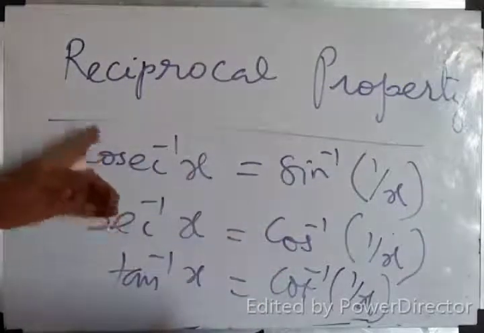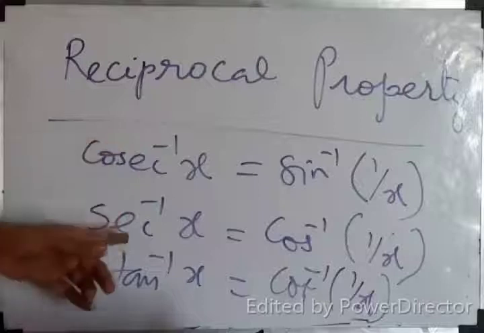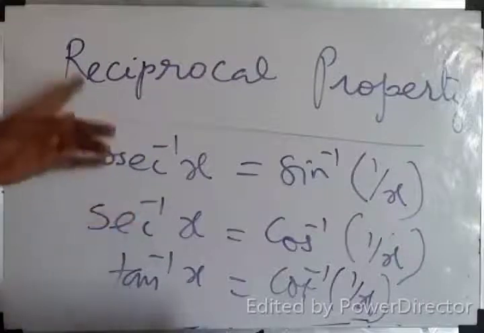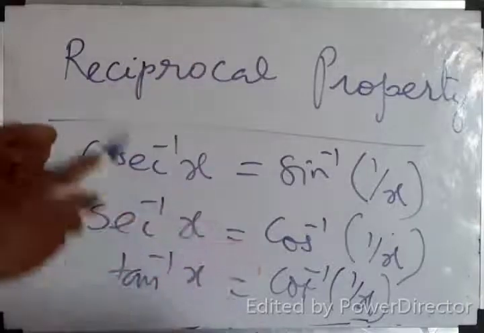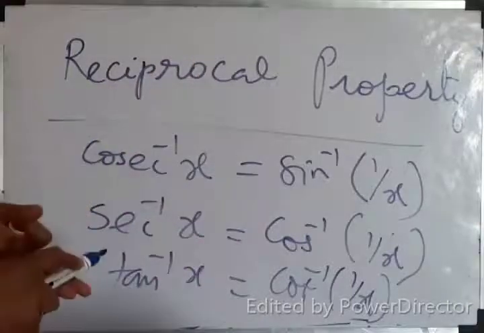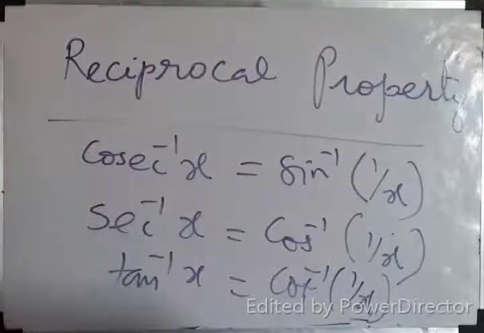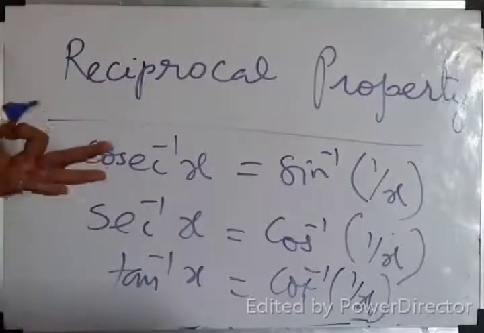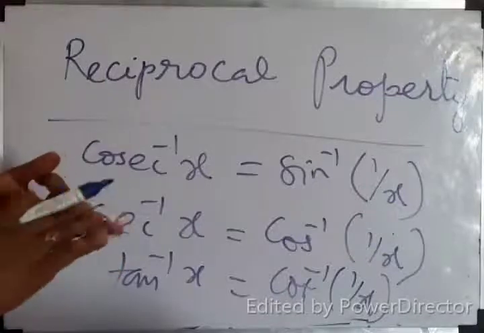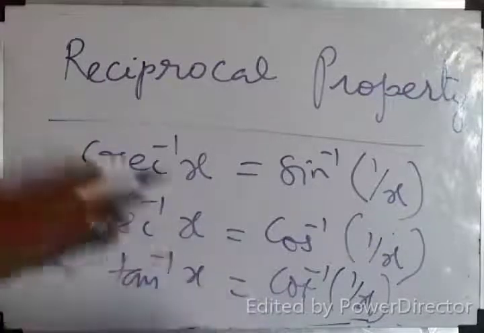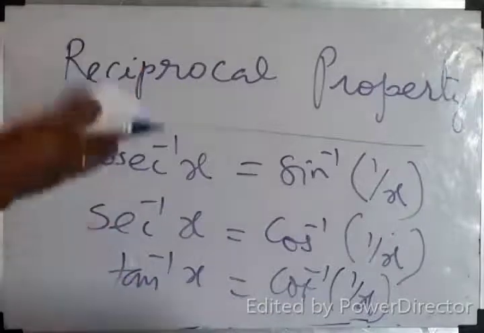If the question is given in cosecant inverse, secant inverse or cot inverse, immediately you can convert into sine inverse, cos inverse, tan inverse. That alone is enough for you to solve the problem. Reciprocal property, do you understand? We'll move on to the next property.